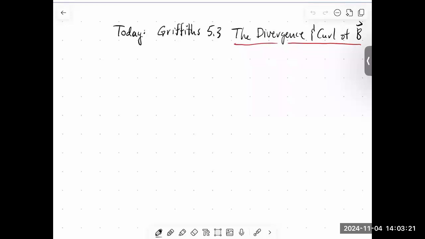All right. So let's try evaluating the following integral. It's the line integral of B dot dl around a closed path. Now, it may seem arbitrary that I just randomly wrote down that integral, but really what I'm going to try to get at is the curl of B. And so how can we relate this to the curl of B?